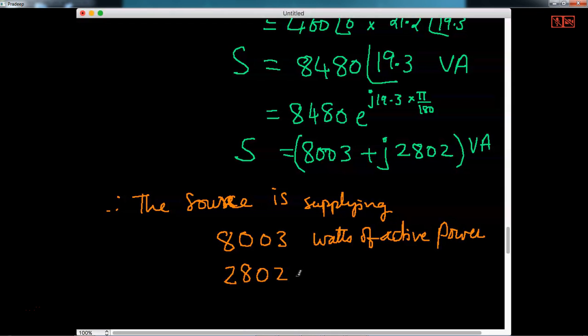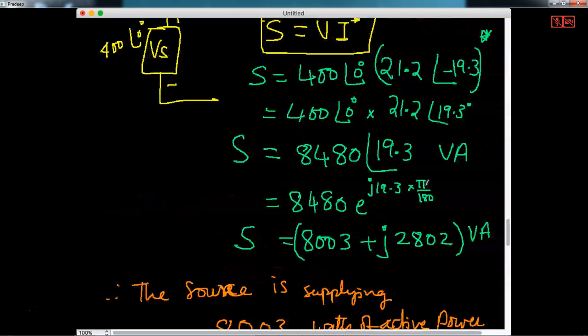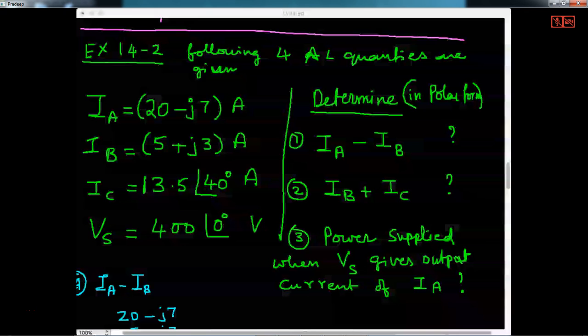So the source is supplying both kinds of power, active power and reactive power. I hope we have solved this problem. I hope you understood something from this. Do you have any doubts in this problem?